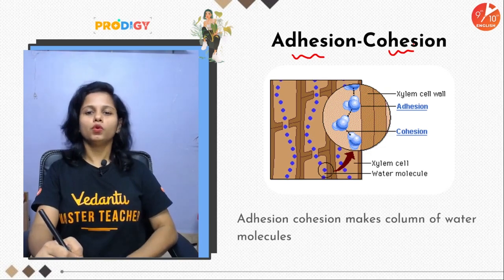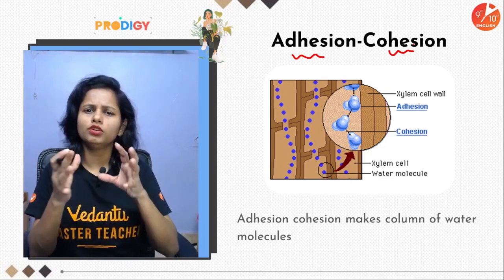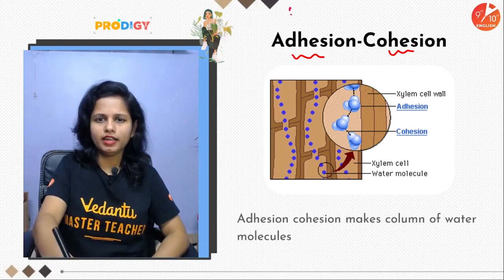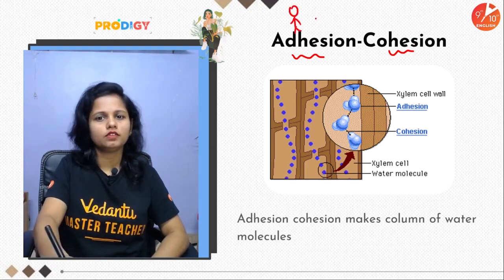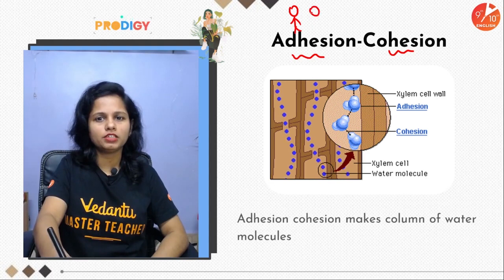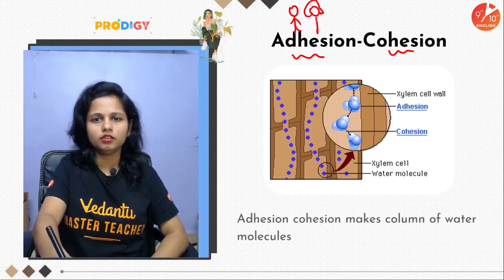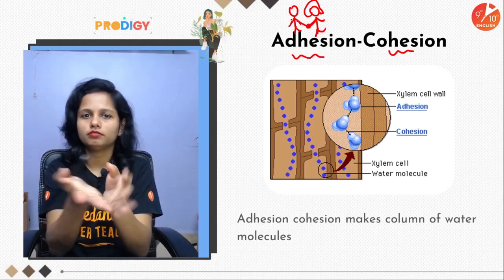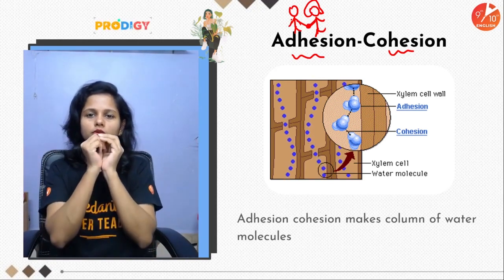So what are adhesion and cohesion? Let's assume I have my son, Azan. Suppose I get blessed with a daughter, so they both will play together. They are my children playing together, the same.